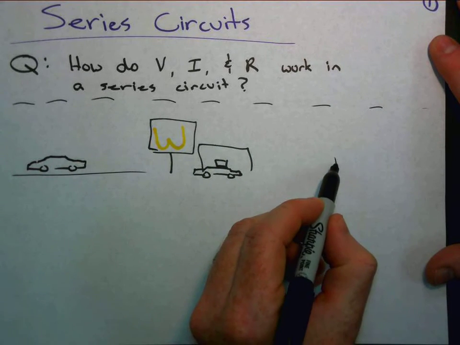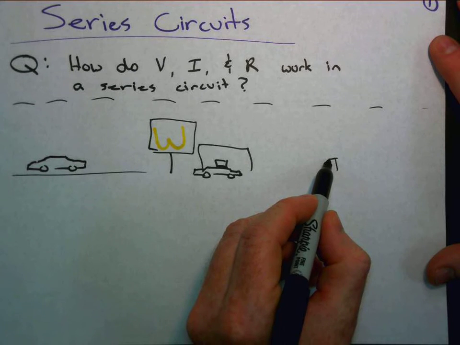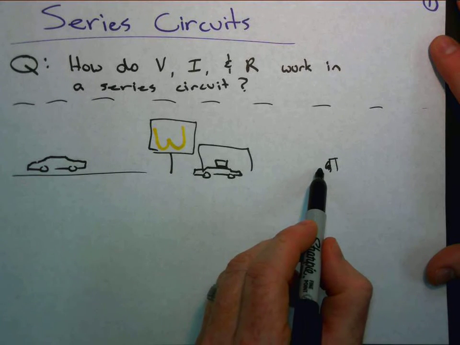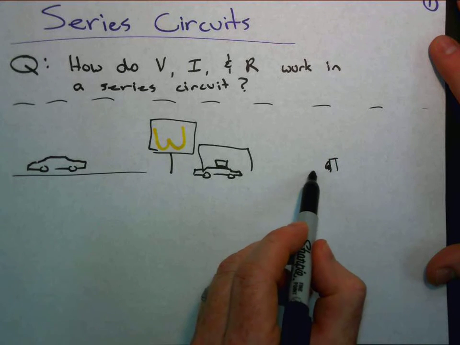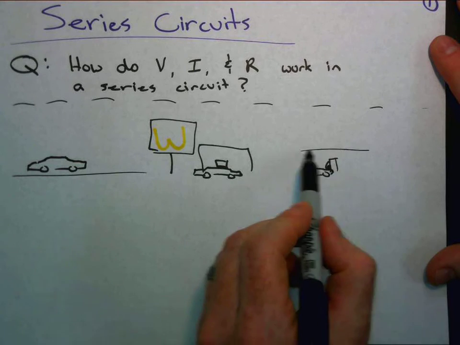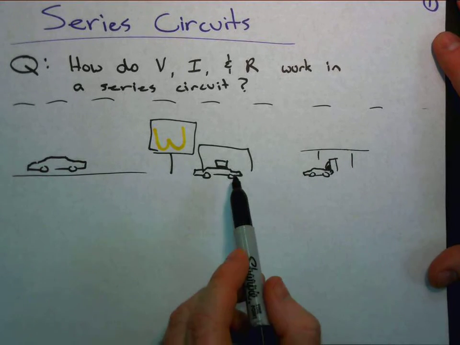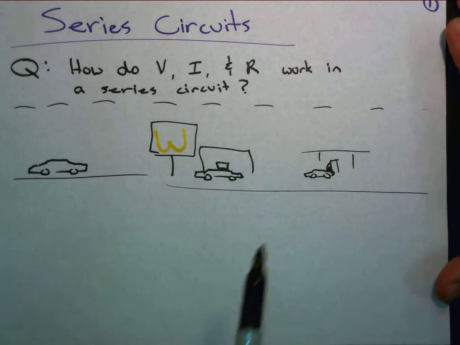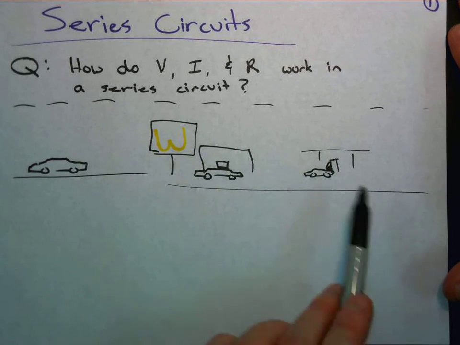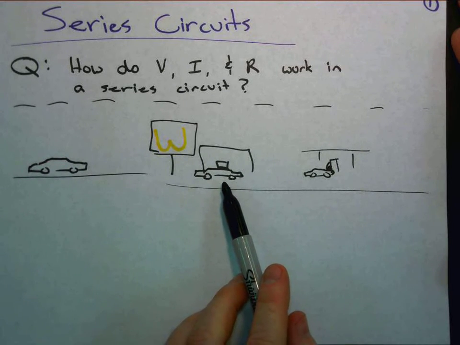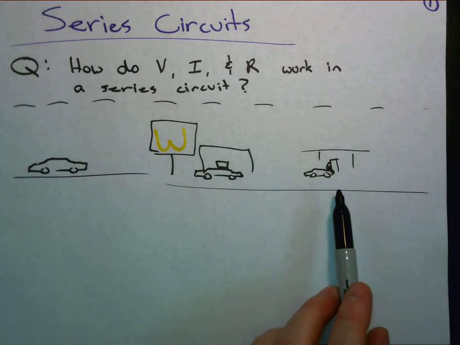So they stop at some gas station, and they got the little pump thing, and so they're now filling up the gas tank, doing their thing, right? So they have stopped again. On their path to get back home, they have been slowed down here at the drive-through, and they have been slowed down here at the gas station.